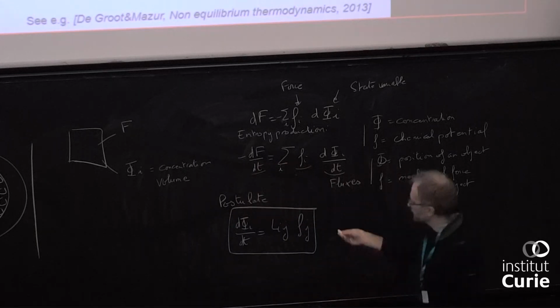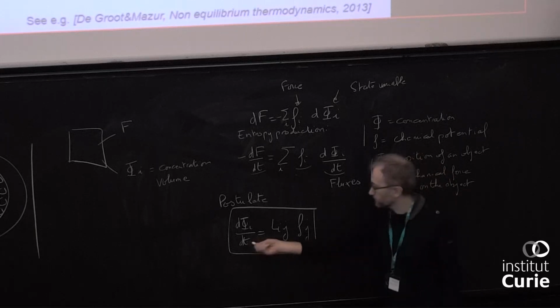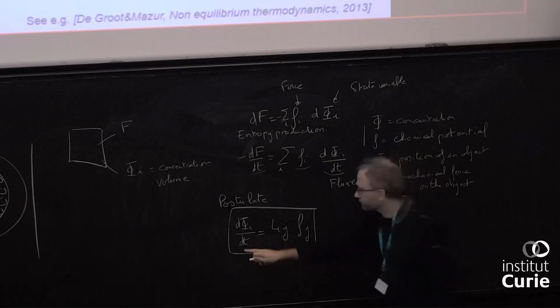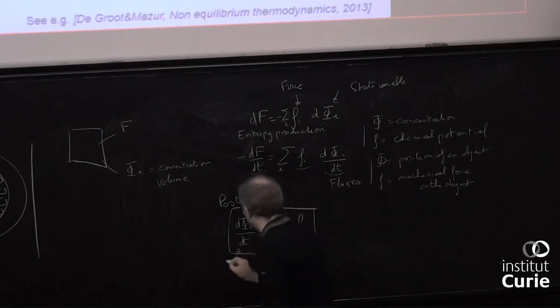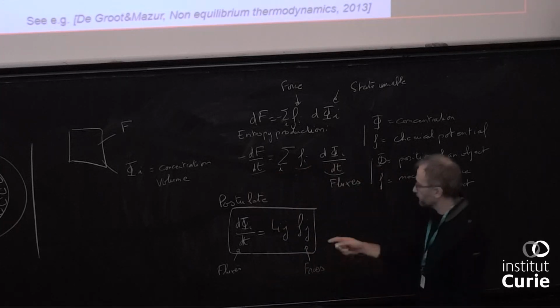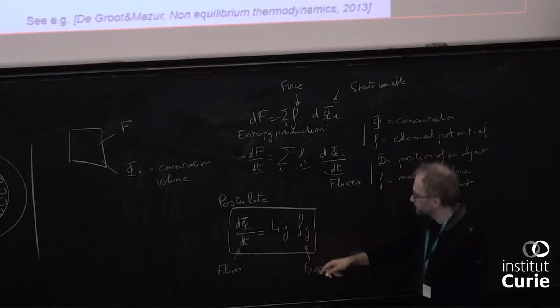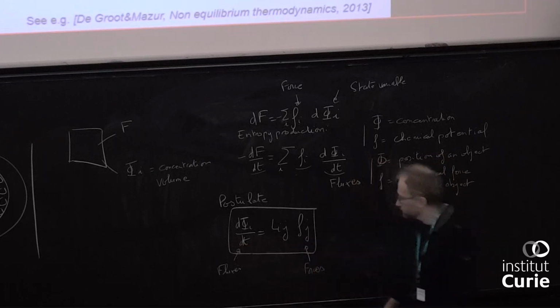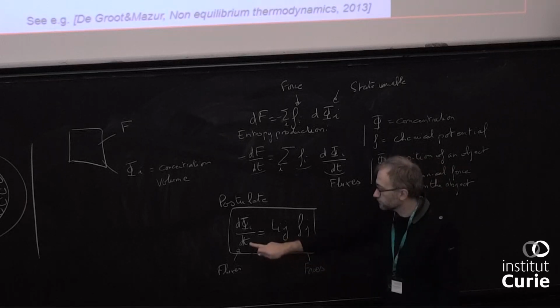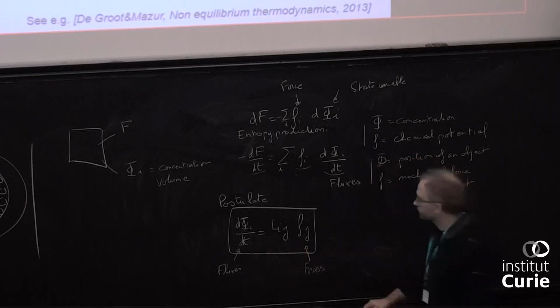So when I write this, I postulate that the fluxes are linear functions of the forces. I do an expansion of the fluxes into forces. The idea is that if I apply a non-equilibrium force on the system, that's going to result in a flux, because if I have no force, the system is at equilibrium, and so the thermodynamic state variables are not changing.